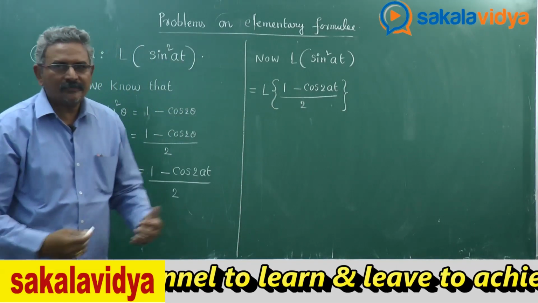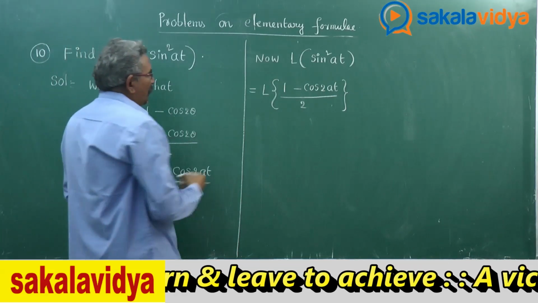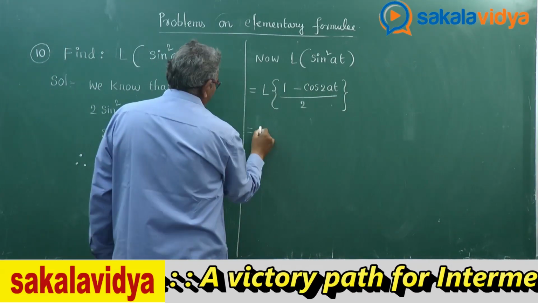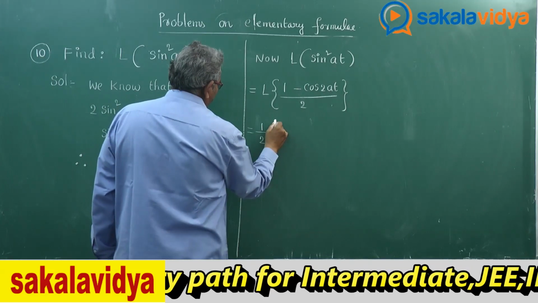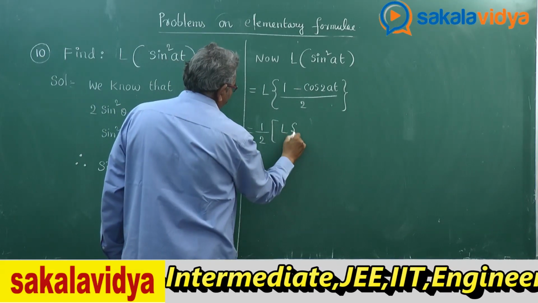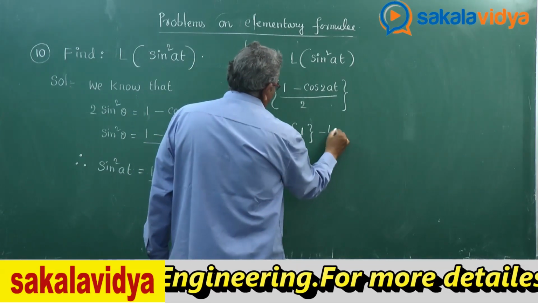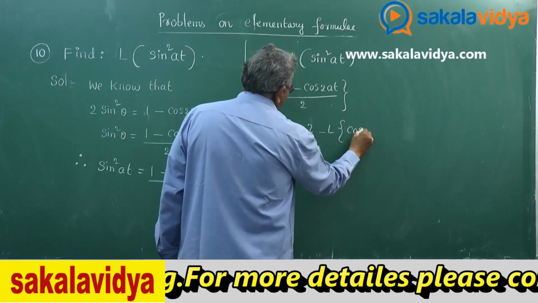It won't change. Now applying the linearity property, we can write half times the Laplace transform of 1, am I correct, minus the Laplace transform of cos 2at.